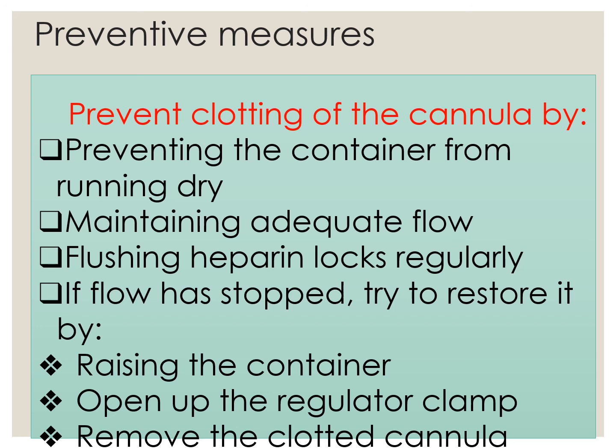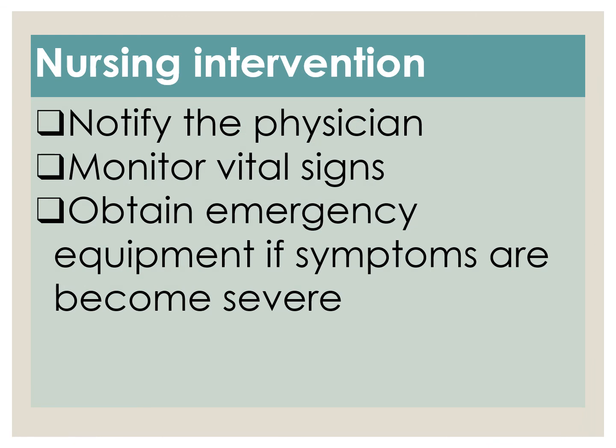If that is not possible, then you have to remove the cannula and reinsert it in another place. In case blood embolism happens, you have to notify the physician, keep monitoring your patient, and keep emergency equipment nearby the patient.